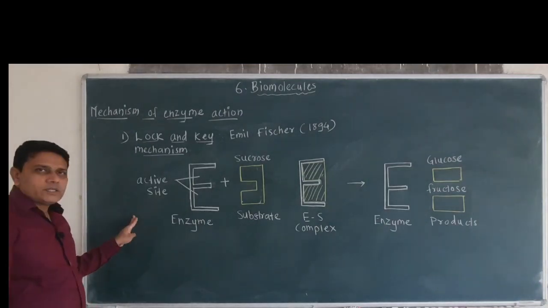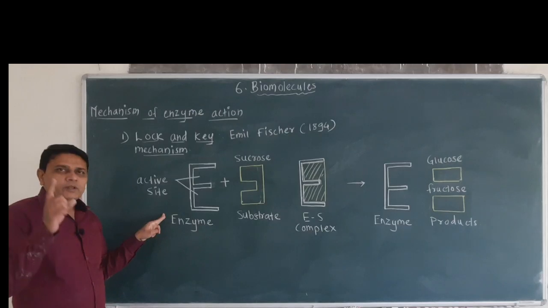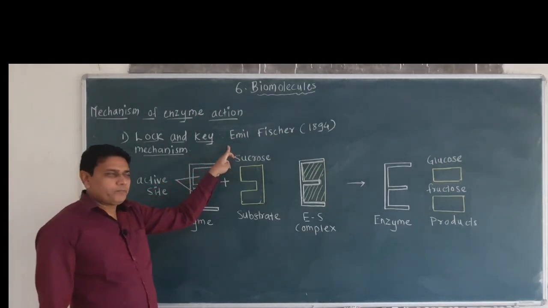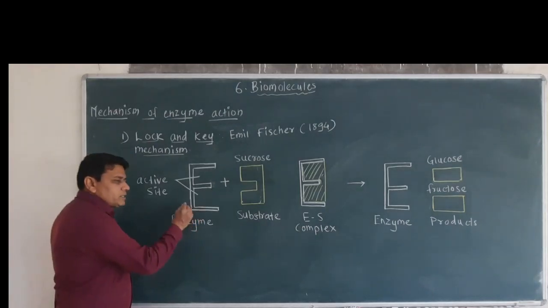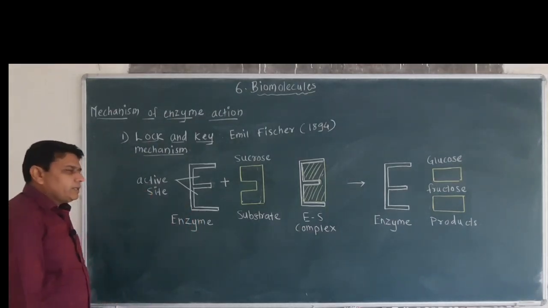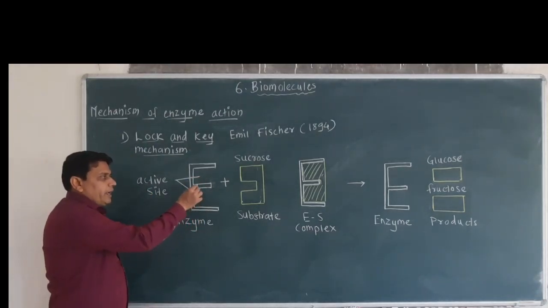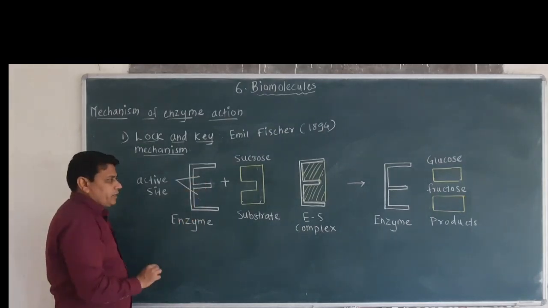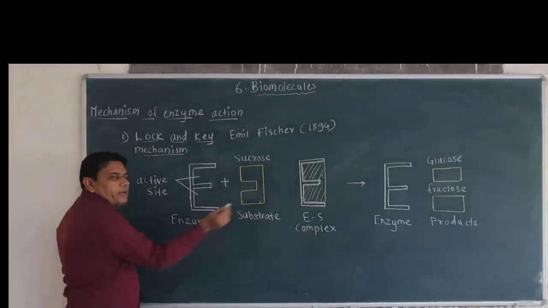Now here in this diagram we can see the lock and key mechanism proposed by Emil Fischer. Now here is the enzyme, and this enzyme has active site. Here is one active site, here is another active site, and substrate is present.